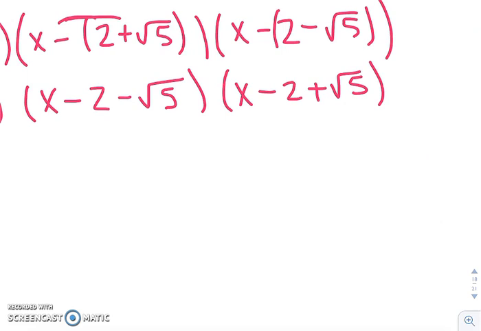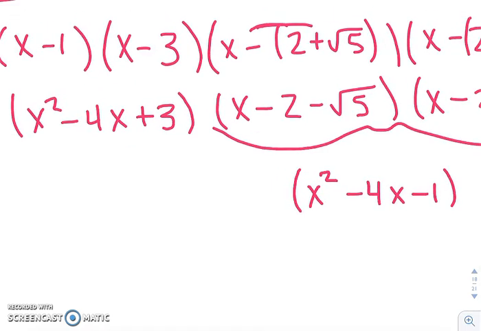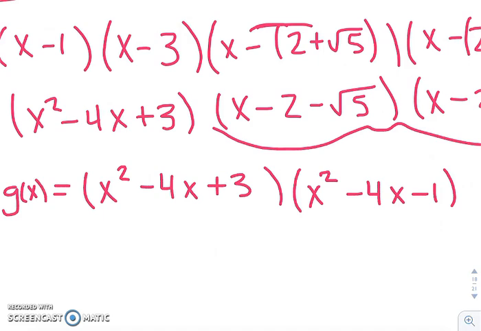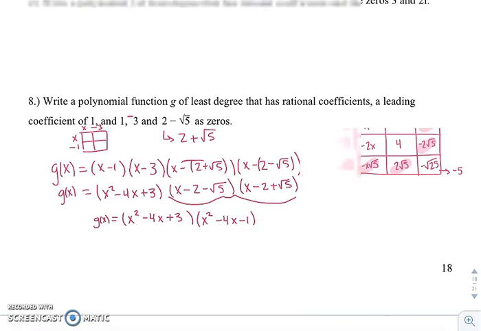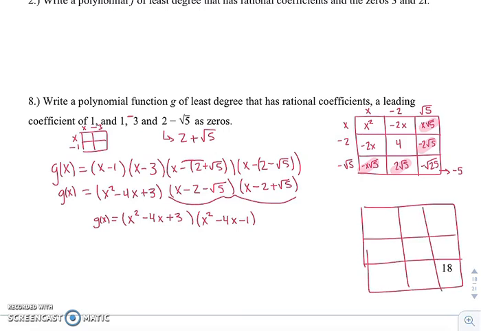So this whole thing that we just multiplied, x squared minus 4x minus 1, times what we had already, x squared minus 4x plus 3. So then you guys would have to just do one more, either foil or 3 by 3 box.